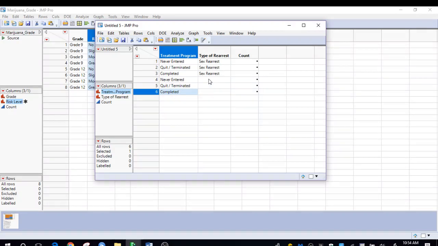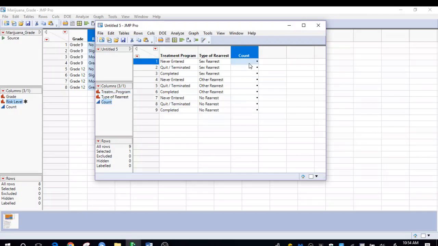Then I'll have other rearrest as the next one over, and then no rearrest as well, again with never entered, quit, or completed.